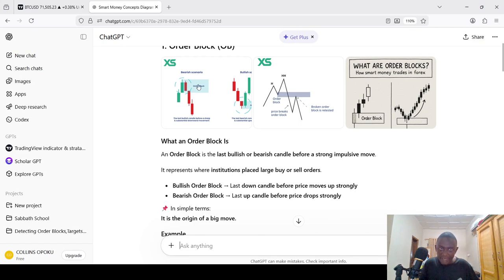So here becomes a valid order block. A valid order block must always break a particular low or high. So here it took this point to break this point. Here it was a strong candle, so you mark this place as an order block. You get it? So it's the last bullish or bearish candle formed before a strong impulsive move.